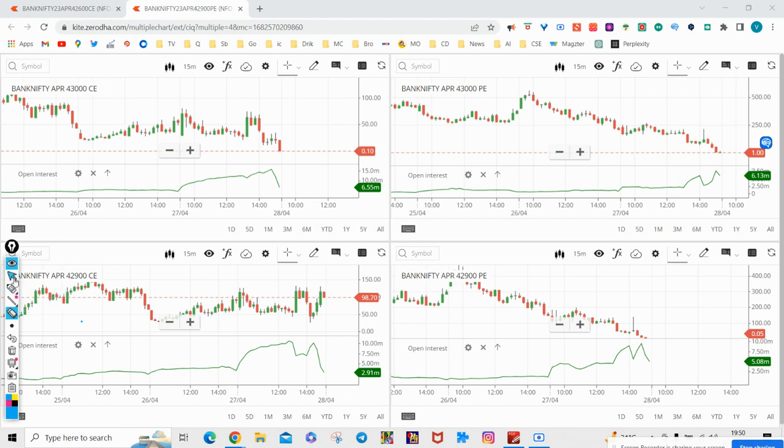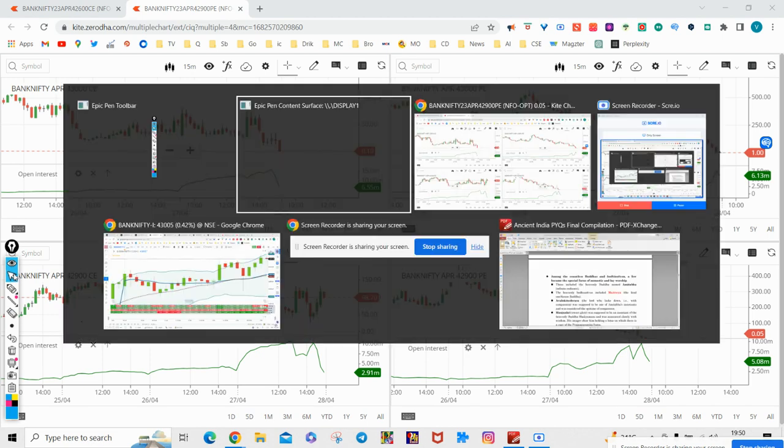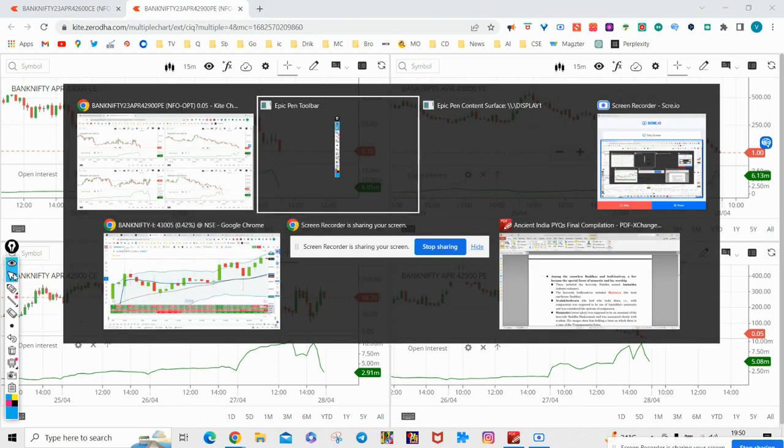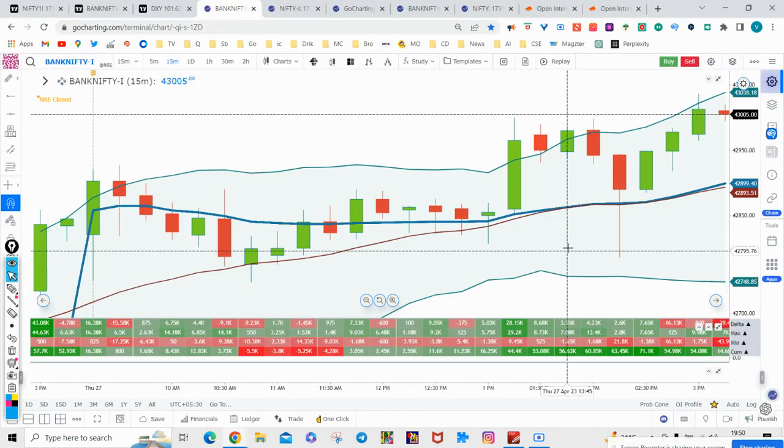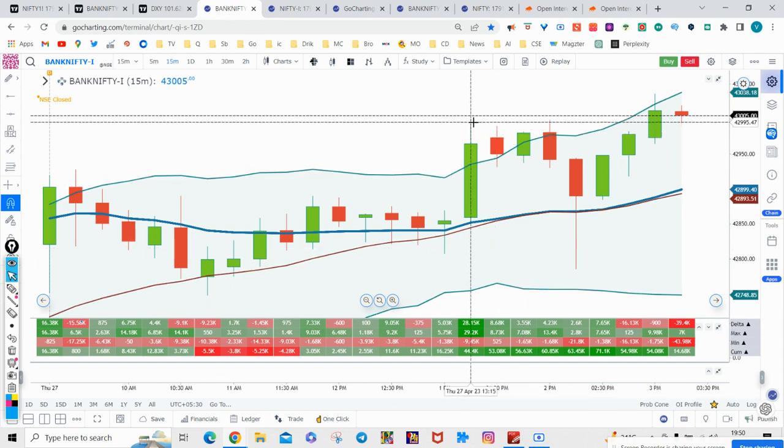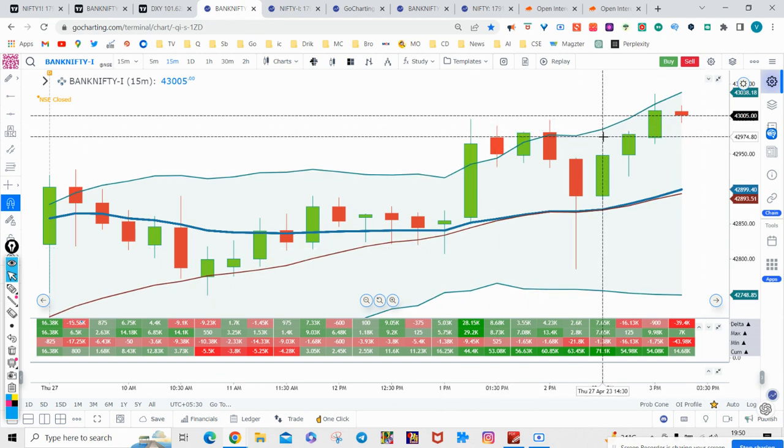The brokers' CEP charts are pretty handy in analyzing such moves, and ultimately price went and closed around the same level, that is 43,000. So the objective is achieved, that is making the 43,000 call expire worthless. So that is about the OI and the order flow.